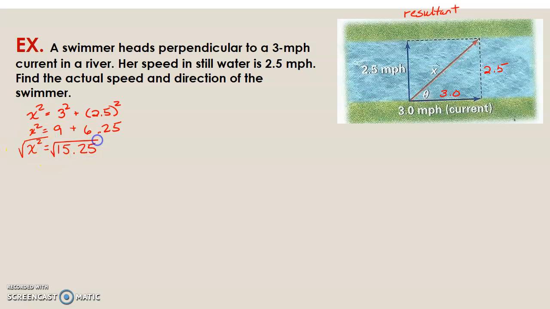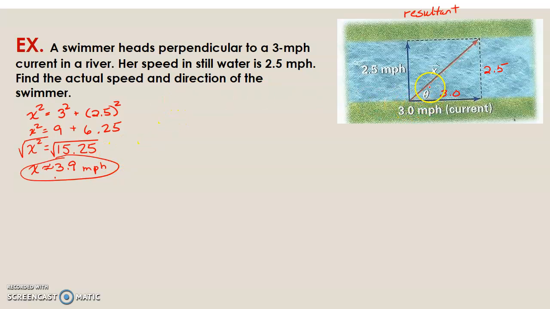We're going to take the square root of both sides, which is going to give me 3.9 miles per hour. So we're dealing in miles per hour. And that is approximate. So that is my actual speed of what's going on.